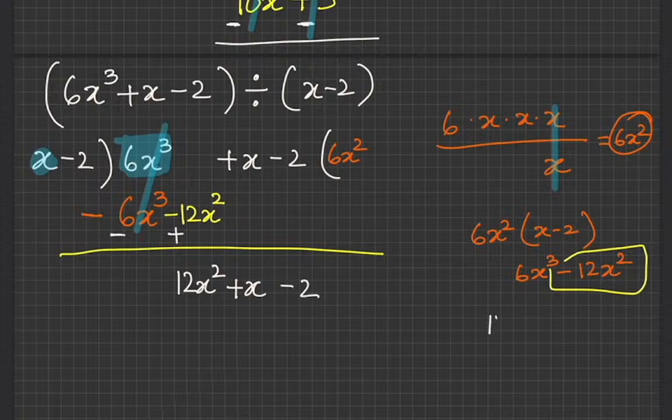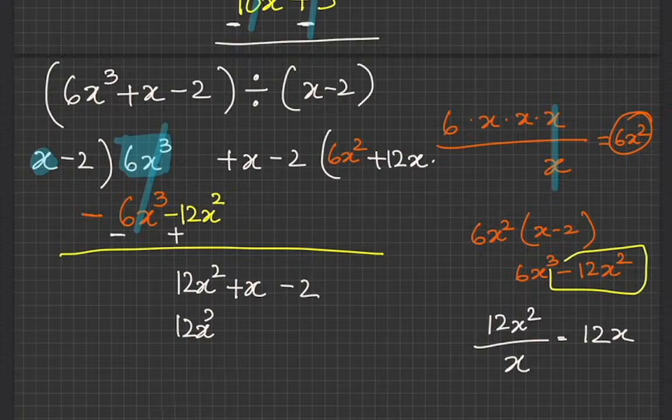So again I have 12x squared divided by x, which is 12x. So this will be plus 12x, right? Now I have 12x squared. Then I have negative 24x, right?